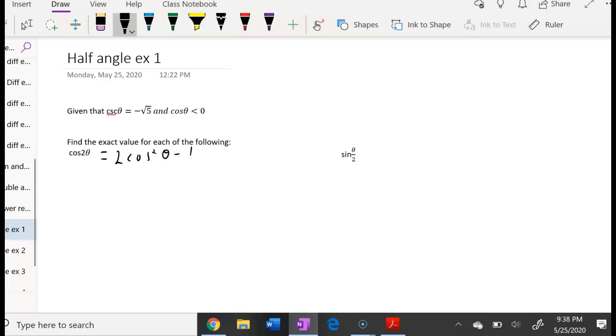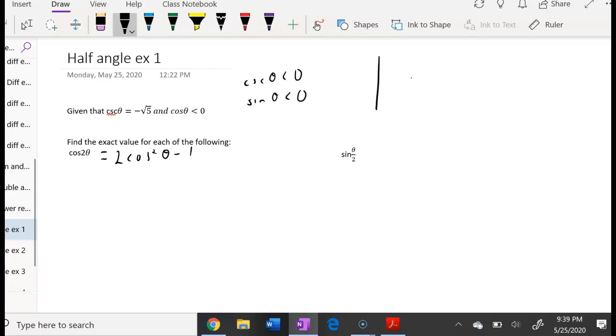Now we don't know the cosine of theta, so we need to actually do a little bit of reference angle drawing here. So we're going to look at this given information and try to see if we can draw a nice reference angle with that. So first of all, for the cosecant to be negative root 5, we know that the cosecant of theta is less than 0, which means that we also know that the sine, its reciprocal, the sine of theta, is less than 0.